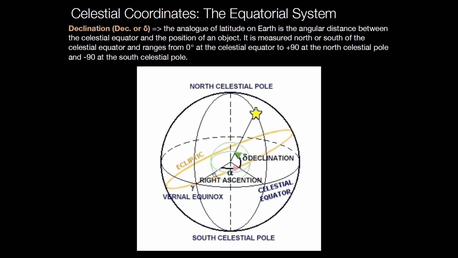Right. So right ascension is what corresponds to longitude. So it's rotating around the rotation axis of the Earth, alpha, there. And declination, delta, as it's usually represented, is the angle between the object and the plane of the celestial equator, right, along a great circle passing through the pole. So this angle here, delta.